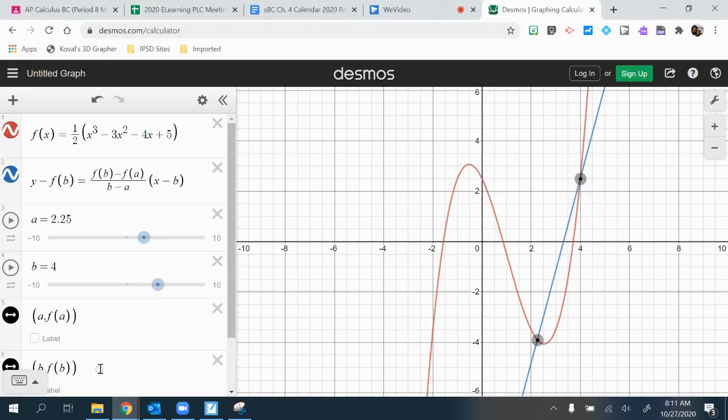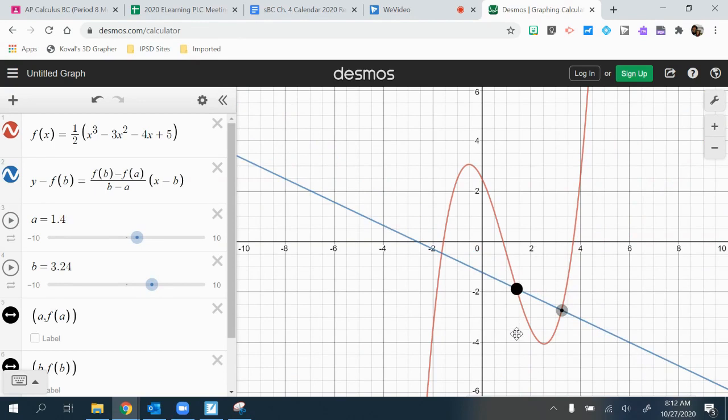If I look at this particular graph on Desmos, if I write the equation of this secant line, we have y minus the y value equals this slope times x minus the particular x value. If any of the values change, then I end up with a different slope, which then I can connect these 2 points with.